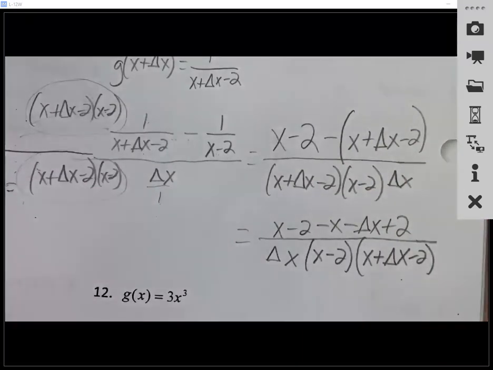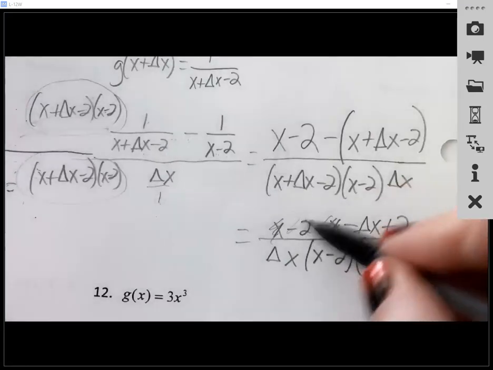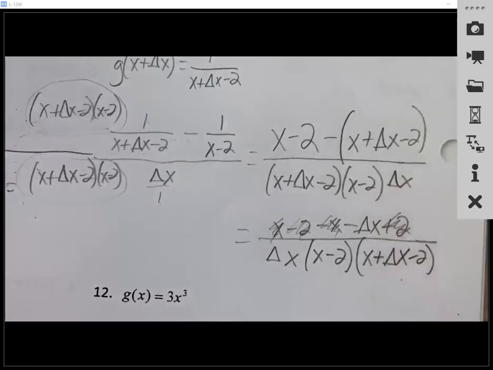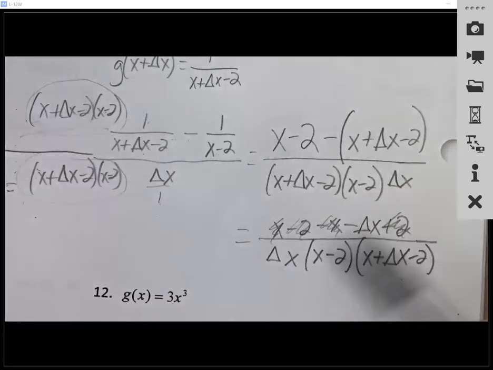So now up top, let's see what cancels. X and negative x cancel. Minus 2 and positive 2 cancel. And look, I have a delta x and a negative delta x. Couldn't I reduce those with each other and it would just leave me that negative 1 up top? You see that?